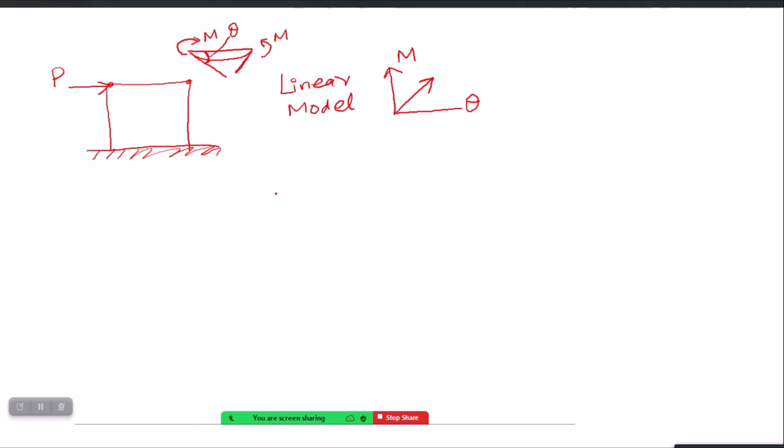The same example can be given for a column also, and for any frame element it will be forever linear. If you apply some unrealistically high P, the model will predict an unrealistically high theta and corresponding deformations and all the other results.